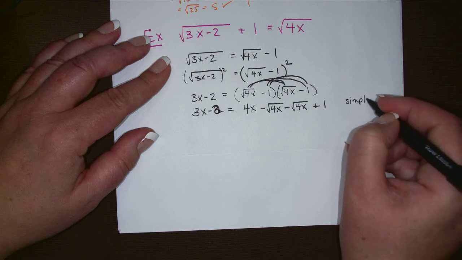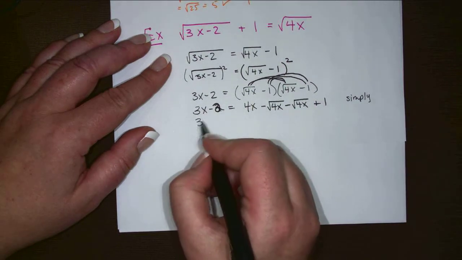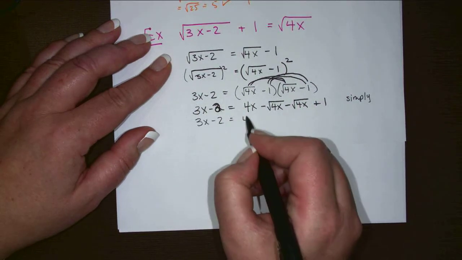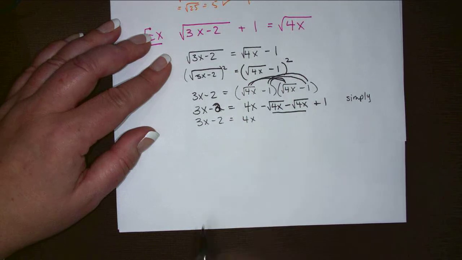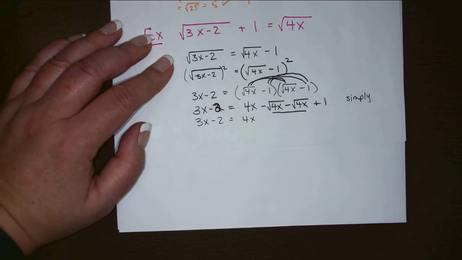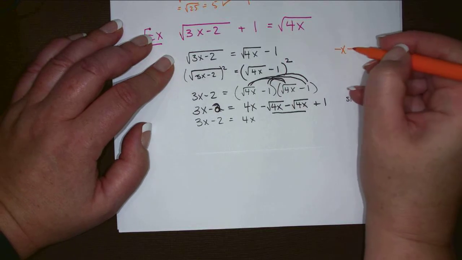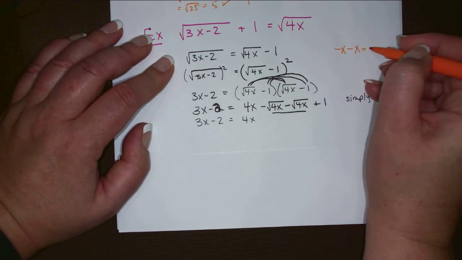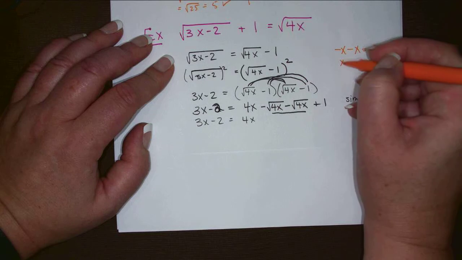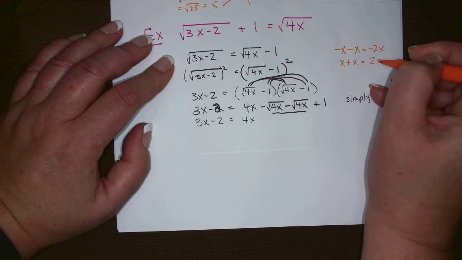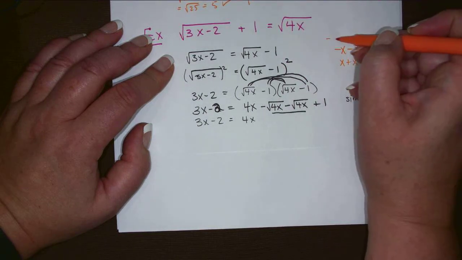So we have 3x minus 2 equals 4x. How do these two join together? Yeah, just think of it like if you were looking at minus x, how would you write that together? Minus 2x, or x plus x is 2x. So here we have minus, what if we had minus root x minus root x?